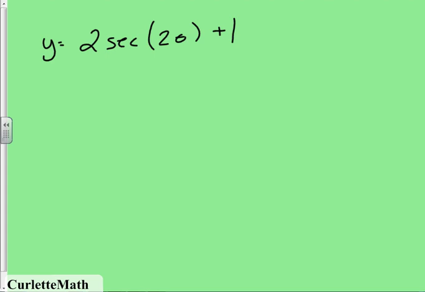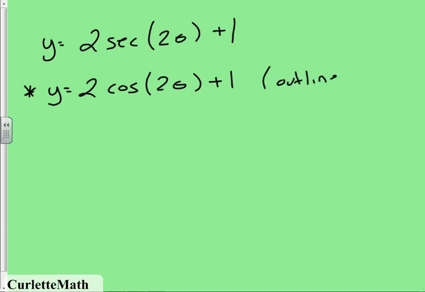Now, because we have these different changes, my first step is to take this function and just turn it into the cosine function. Because remember, I'm going to make my outline here. This outline is going to help me graph the parabolas. So I have an amplitude of 2.